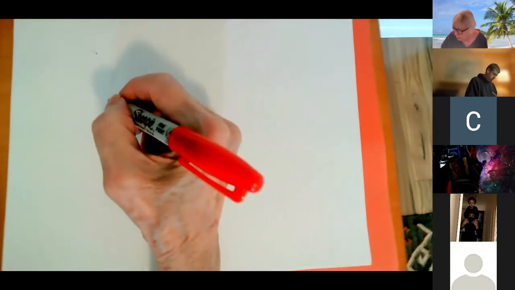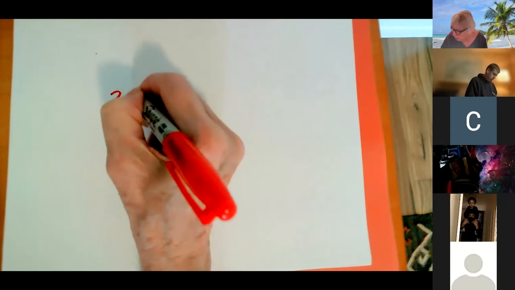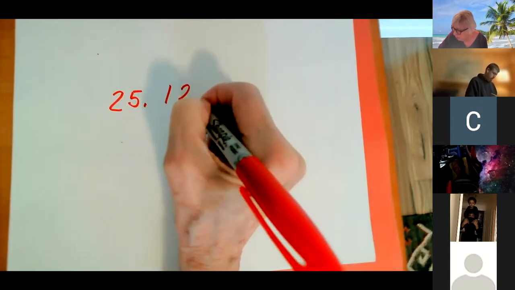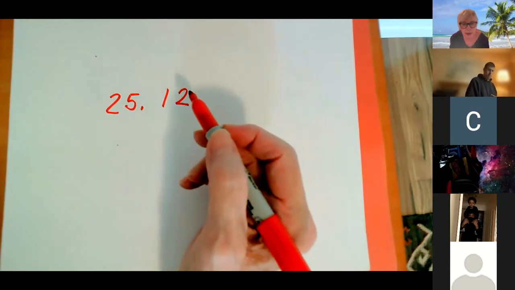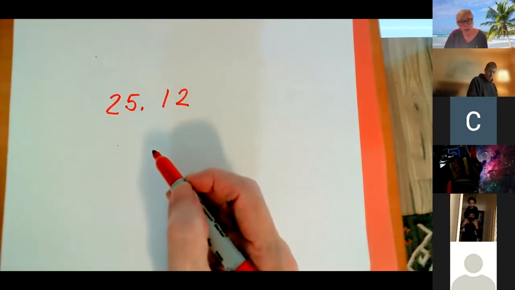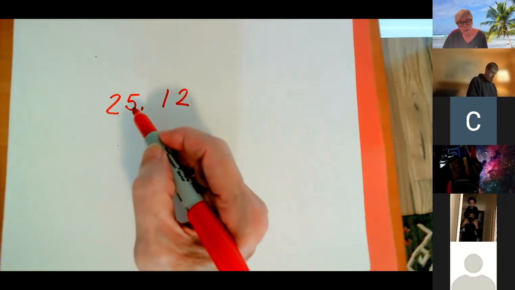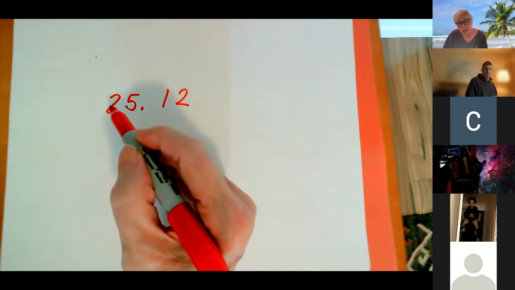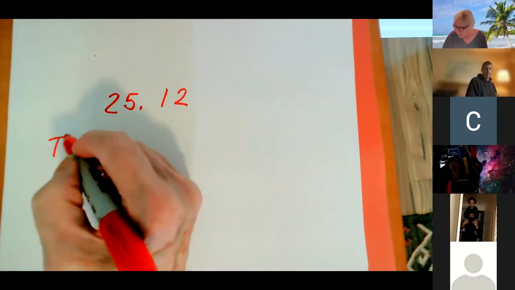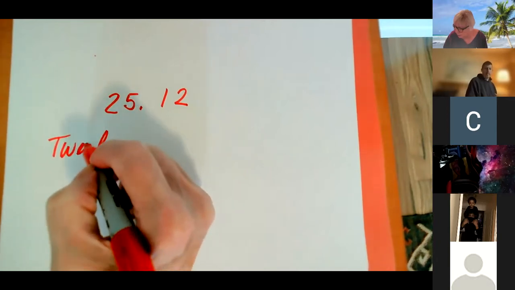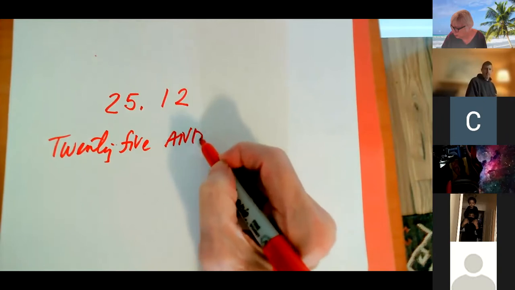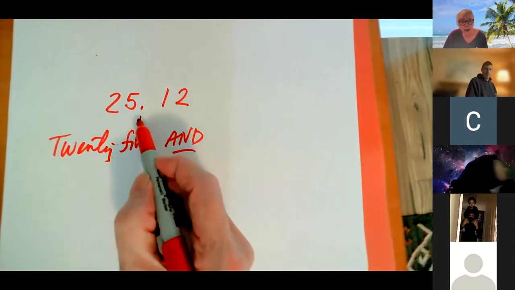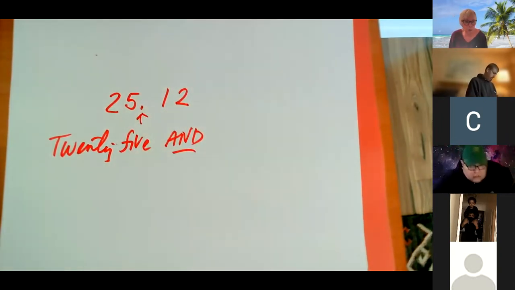So I'll do that problem in a minute, but first what I want to do with decimals. If this was money, you would know what to call it. This is the first thing they ask you to do. This is 25. And the word "and" only appears at the decimal point.